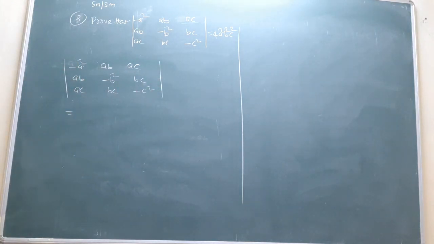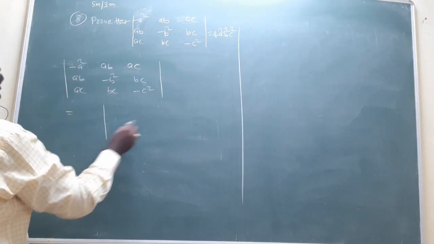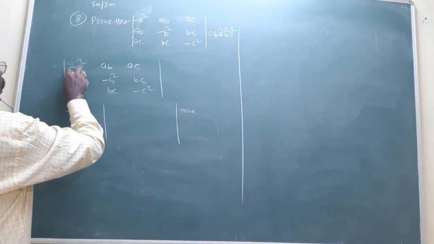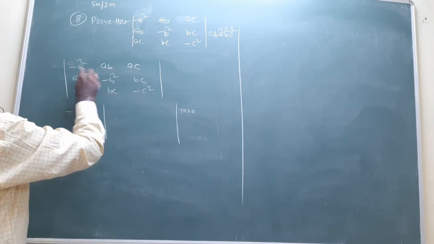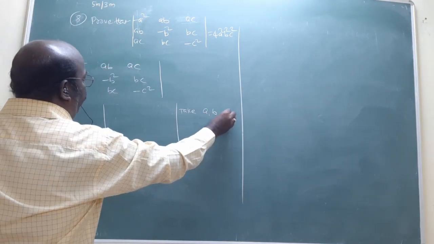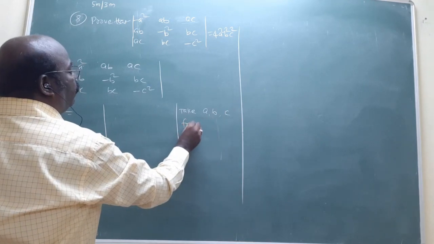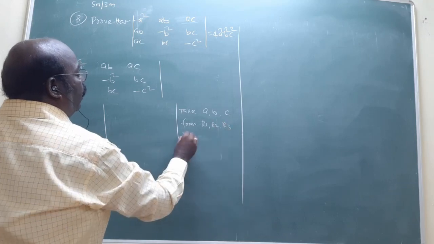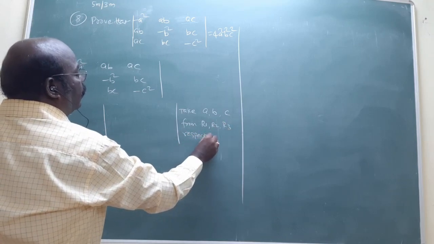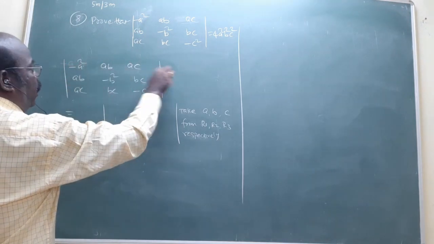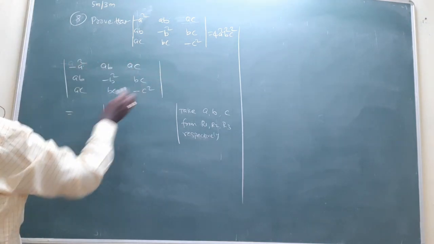Listen here, take the first row. In the first row, A is common. Take A, B, C from R1, R2, R3 respectively. In R1, all are having A common.